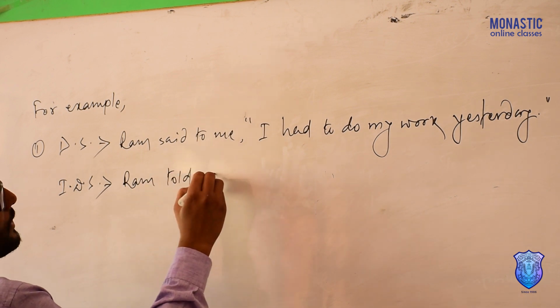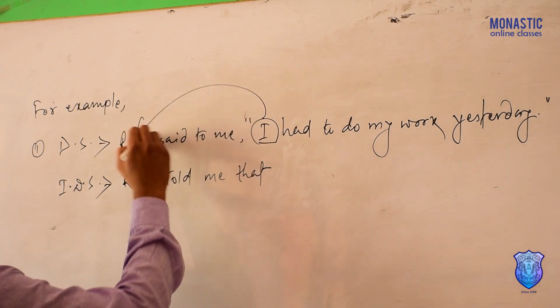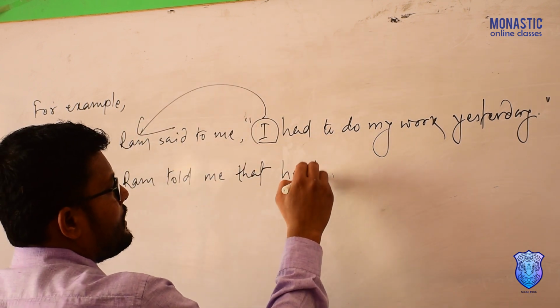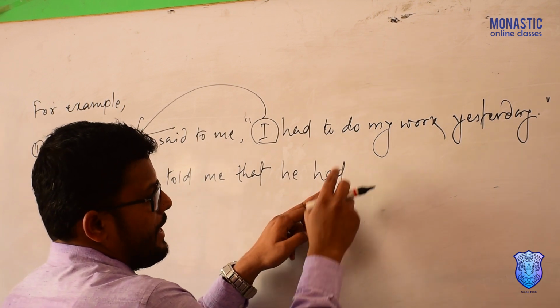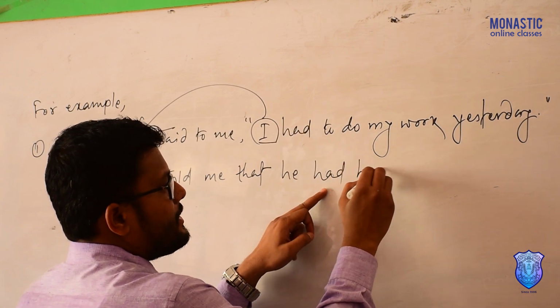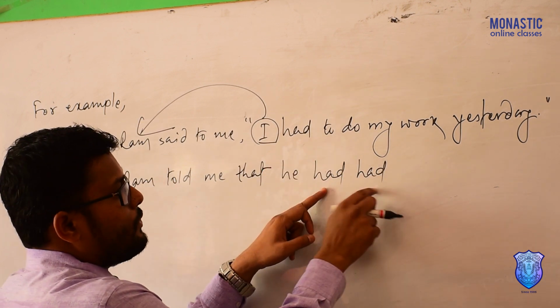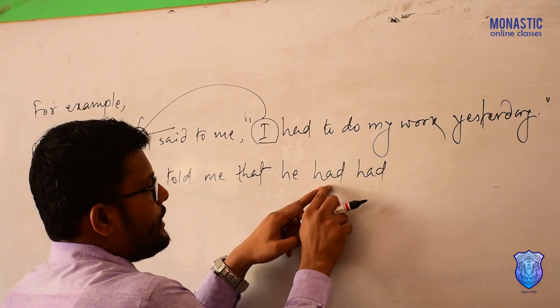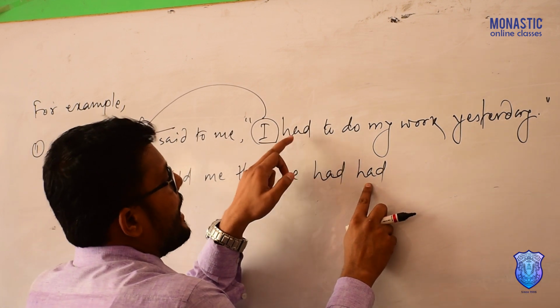Ram told me that the first person pronoun I should be changed according to Ram. He had. This had remains for past perfect tense as in I have had, and another had is the V3 of this had form. So this has become the double had here. So this is the past perfect tense auxiliary verb, and this is the V3 form of this had verb.